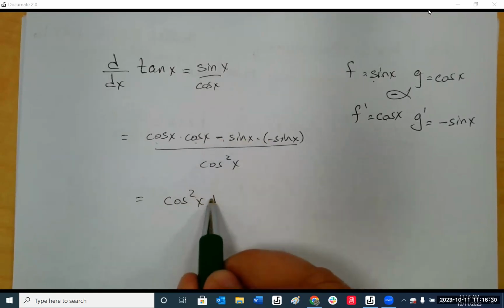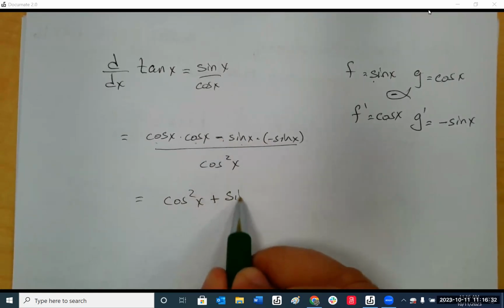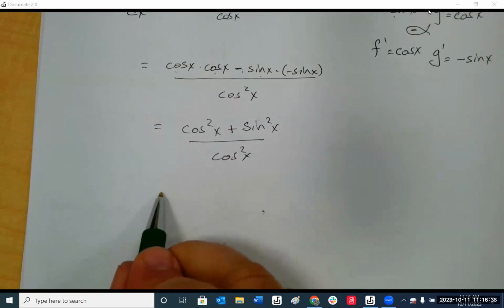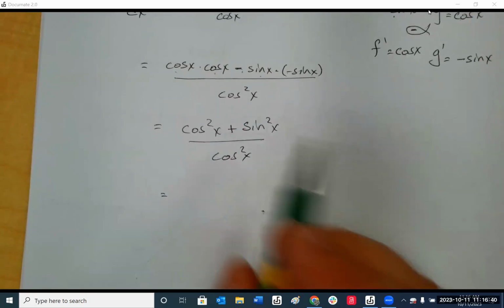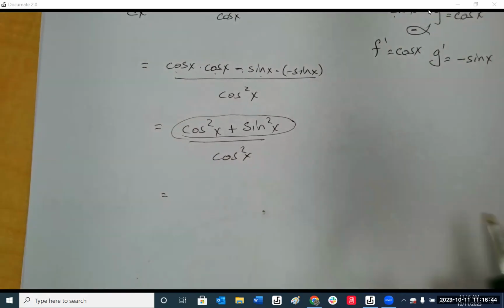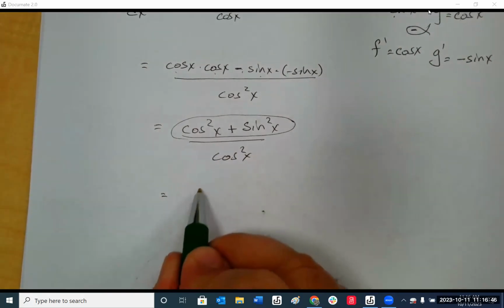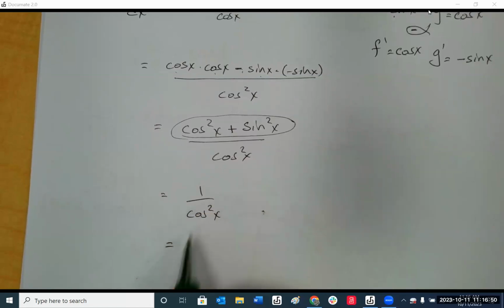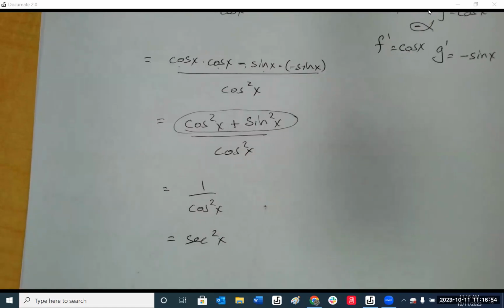Negative times negative is positive, sine times sine. That's the identity theorem. It equals 1. So it's secant squared. That's the derivative of tangent. And the other ones would be done the same way.